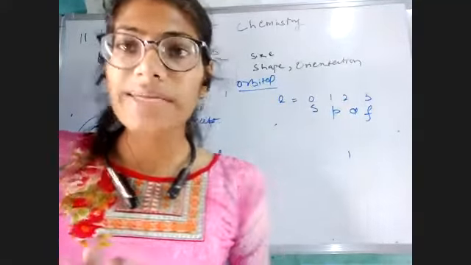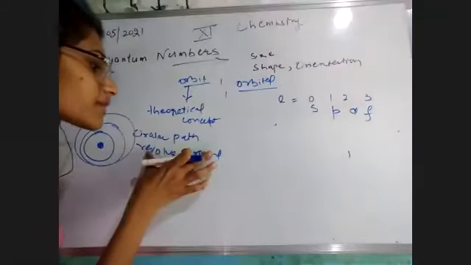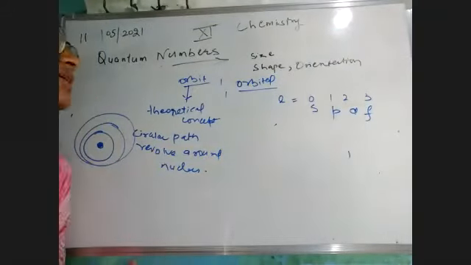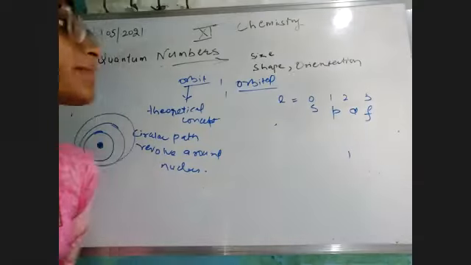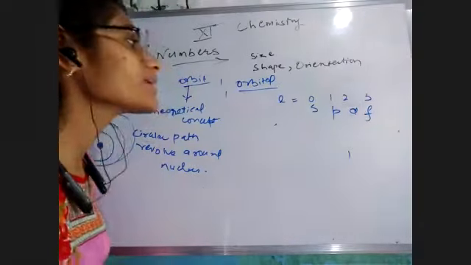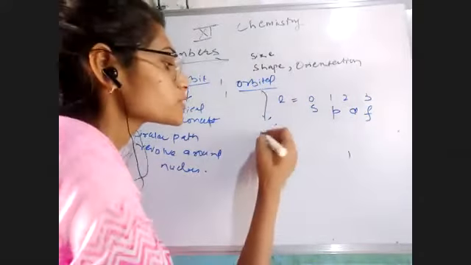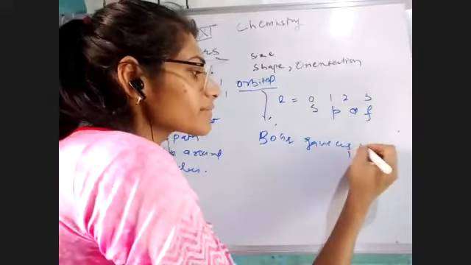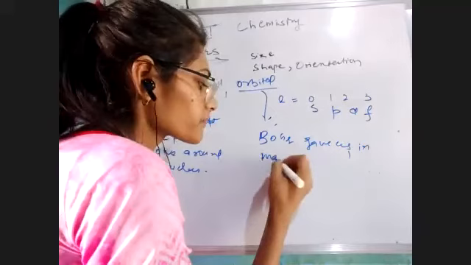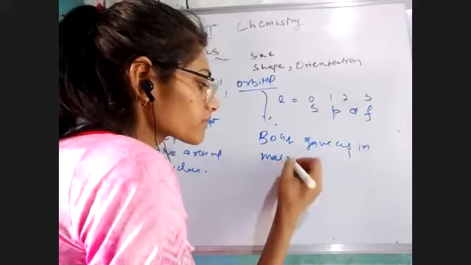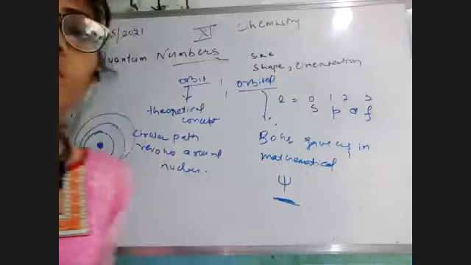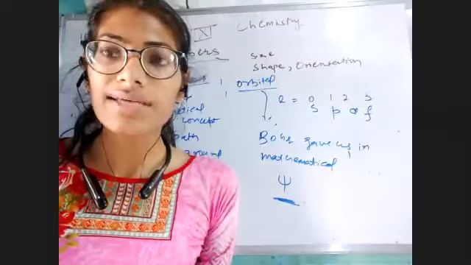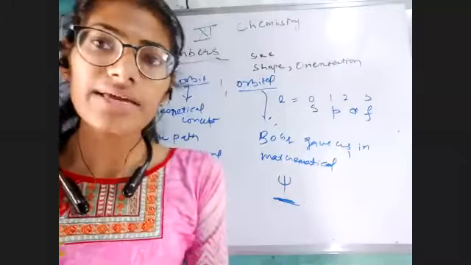Okay, so orbit is defined as a circular path around the nucleus in which electrons are revolving. That's it. But if I'm talking about orbital, this is something which Bohr gave us in mathematical form, with the help of psi. You remember in the last class I gave you psi. What was psi?